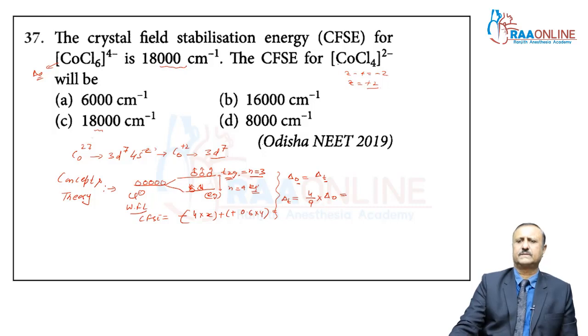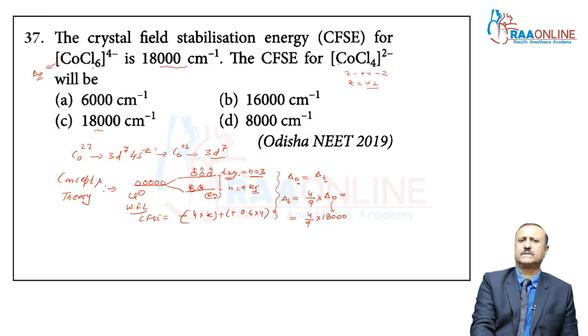So you can also use this relationship: 4 by 9 into 18,000, because it is given for this octahedral complex. Why is it octahedral? Because here Cl6, 6 ligands are present, that's why it is an octahedral complex.